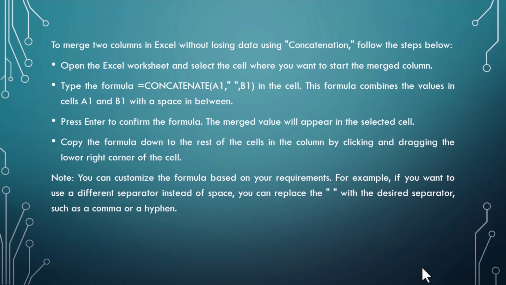In the cell, this formula combines the value in the cell A1 and B1 with a space in between. Then we have to press enter to confirm the formula. The merged value will appear in the selected cell. Copy the formula down to the rest of the cells in the column by clicking and dragging the lower right corner of the cell. So these are some of the steps.